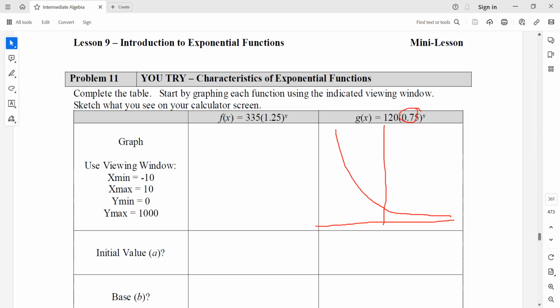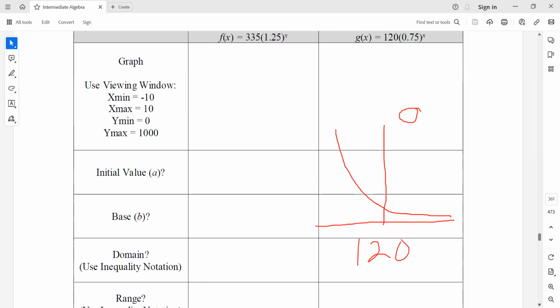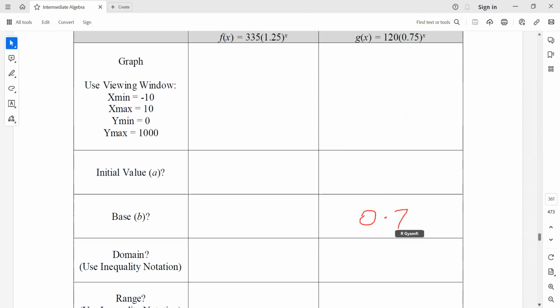Now, what is the initial value? 120, which is A. What is the base? 0.75. What is the domain? All real numbers. What is the range? Oh, g of x, sorry.